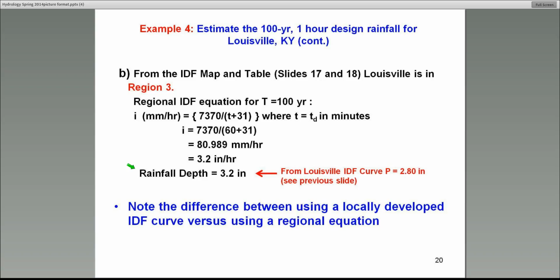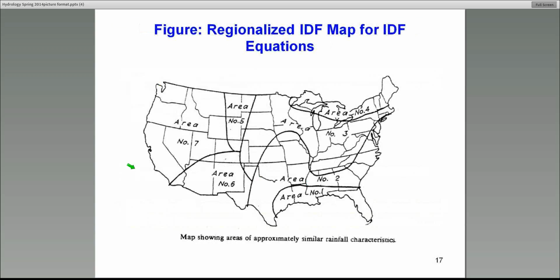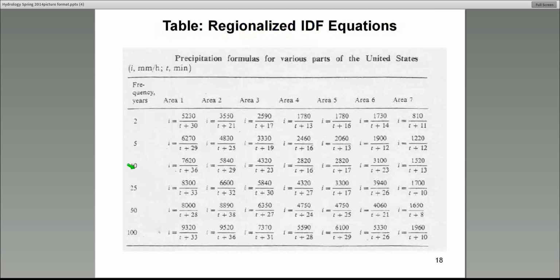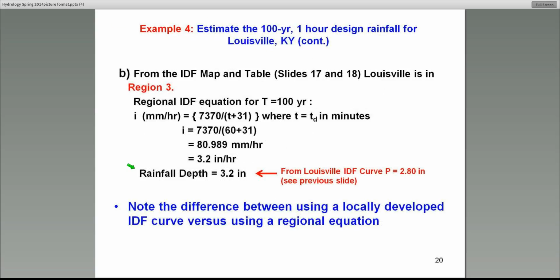All right, in this case, for example, region 3, if you go back to that map, I'm assuming that's what you're referring to, is this region here. But region 3 includes a lot of states, and some states are kind of split too. So if you're going to use this map, you have to obviously know where you are and use the equations accordingly. It's very hard to find these equations. For some reason, many textbooks don't include them anymore.